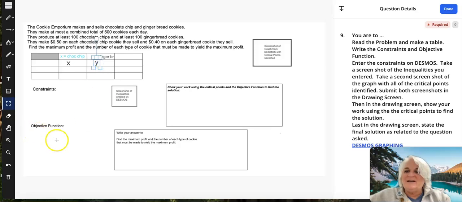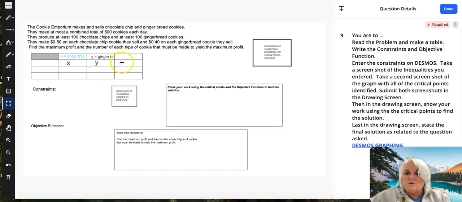There. Y. Okay, and this is going to be less than or equal to 500, because they make a combined total of 500 cookies a day. So this is at most. So at most means less than or equal to 500 cookies.